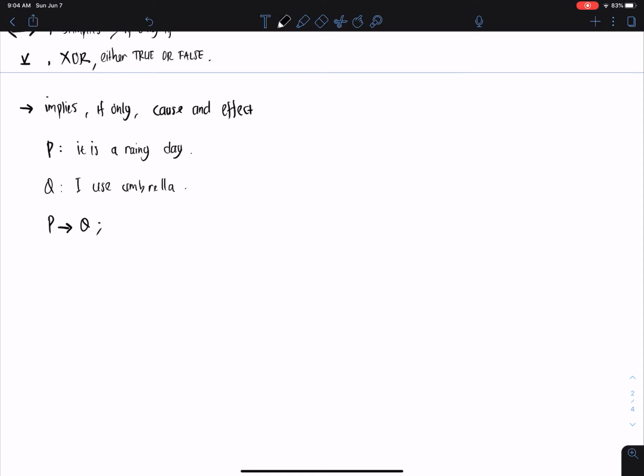it will sound like if. So the keyword if will be in front. If it is a rainy day, then this is the continuation, I use umbrella.